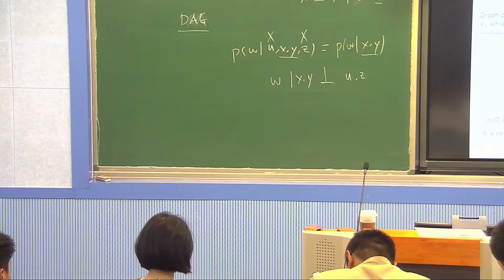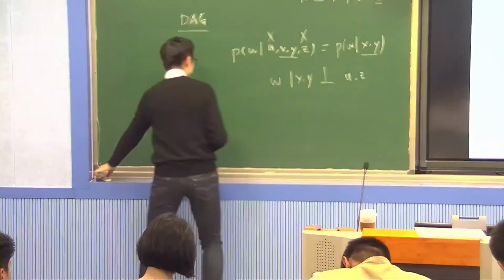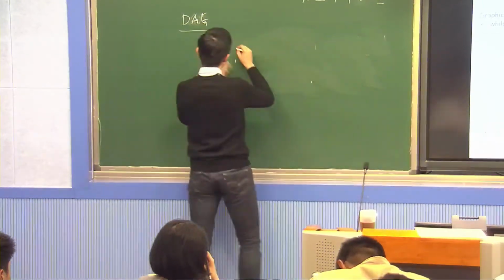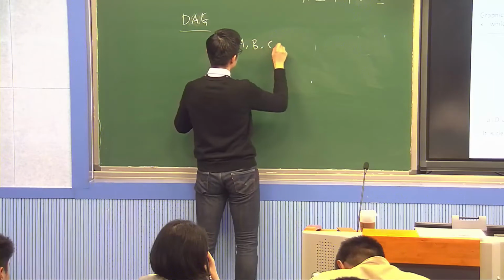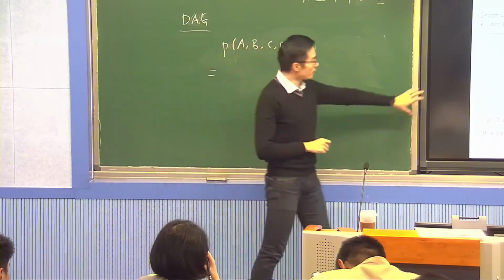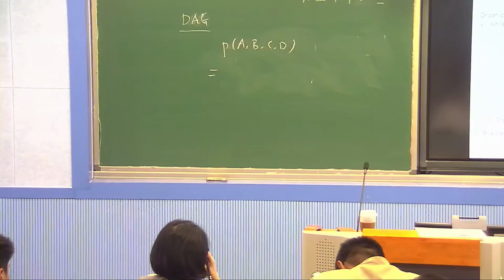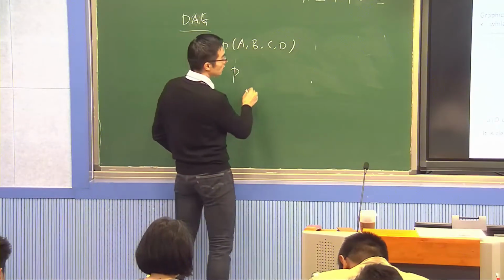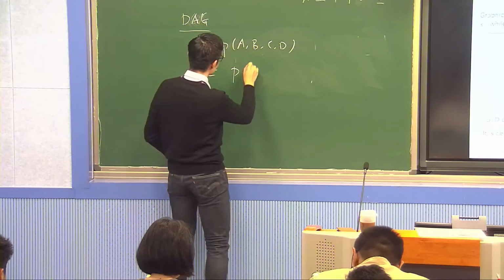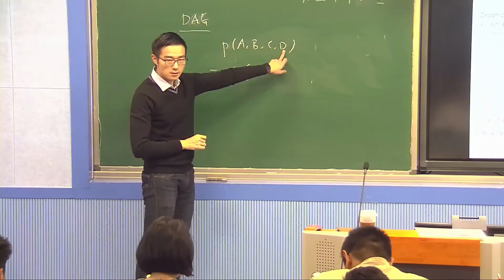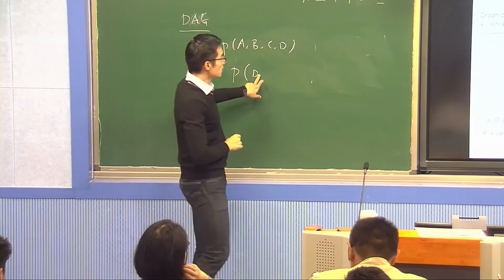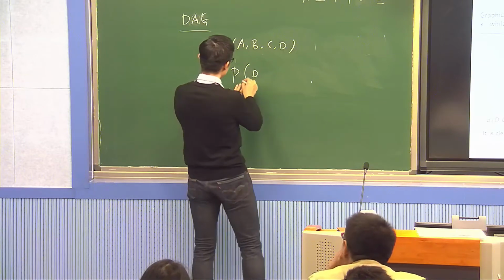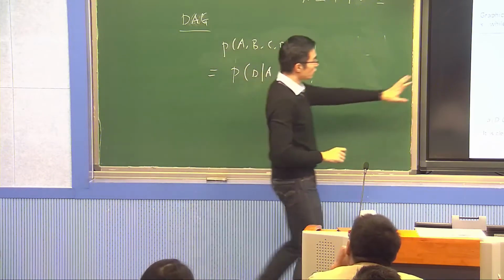A, B, C, D. What is the joint distribution of A, B, C, D? How can we write it? If we have this graph, what does the joint distribution look like? People can see this graph, right? I can always decompose the joint distribution of A, B, C, D without looking at the graph.